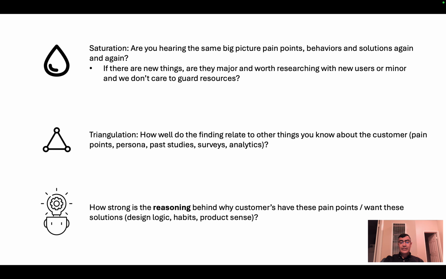Of course it does. If the birds in your target market are all very light sensitive, does it make a lot of sense they would want a color-coded alarm for when their seed is ready? Yes. Is it something bird-computer interaction literature shows that birds consistently want devices they will pay for? It adds backing to the reasoning behind why they would want this. These are all examples of strong customer logic. It is highly related to triangulation. The stronger it is, the more likely a finding will represent a population of birds in conjunction with the sample size you select.